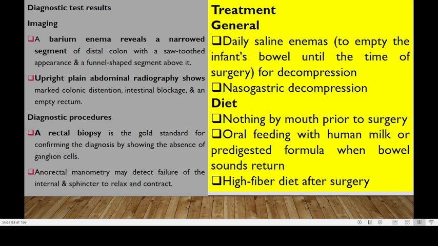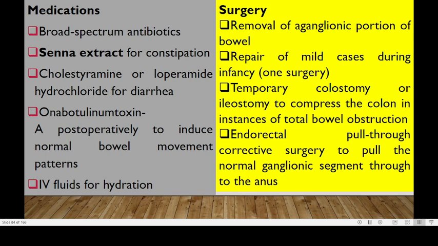Remember, a rectal biopsy is the gold standard for confirming the diagnosis by showing the absence of ganglion cells. You could give them broad spectrum antibiotics, senna extract for constipation, cholestyramine or loperamide hydrochloride for diarrhea, and botulinum toxin postoperatively to reduce abnormal bowel movement patterns, and IV fluids for hydration.